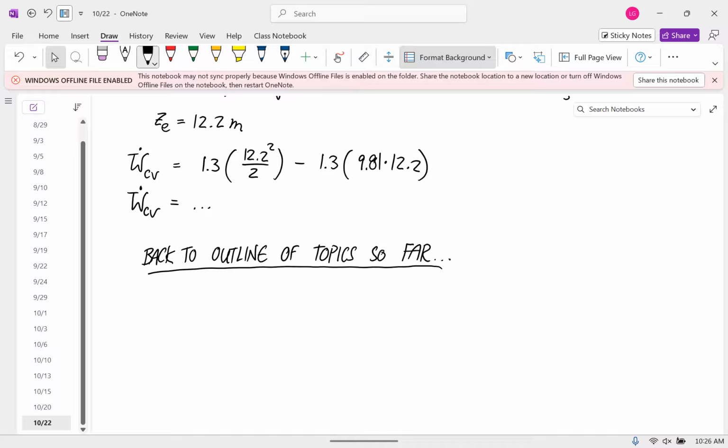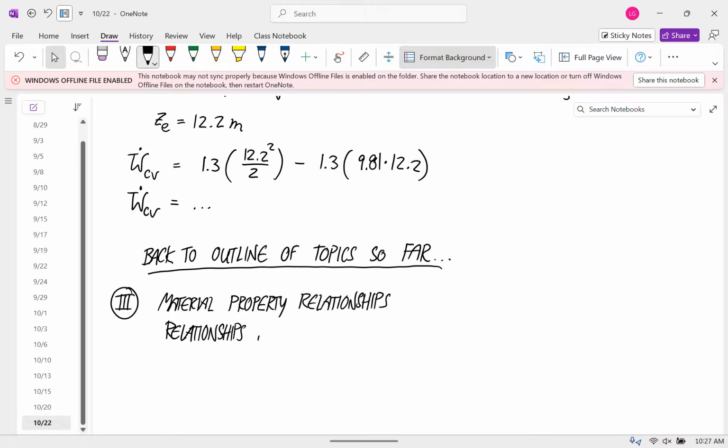So now we're moving on to part 3, which is material property relationships. You can think of this as relationships between properties at a single state.